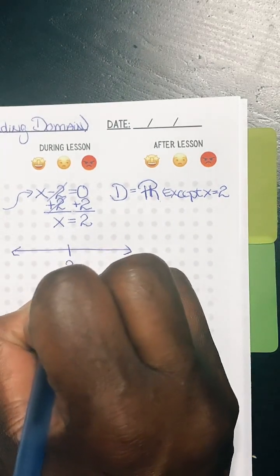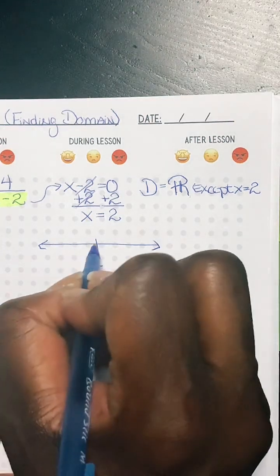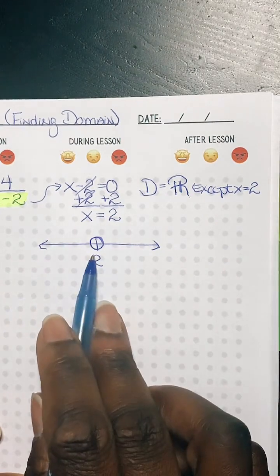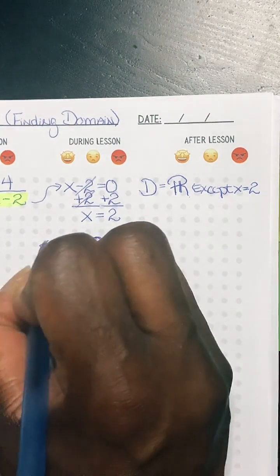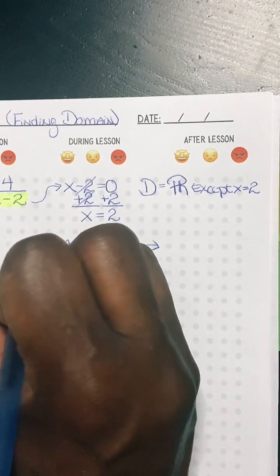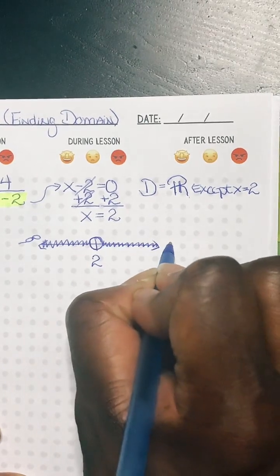So here's 2, and it can be anything except for 2. So it can be anything going to negative infinity, and anything going above to positive infinity.